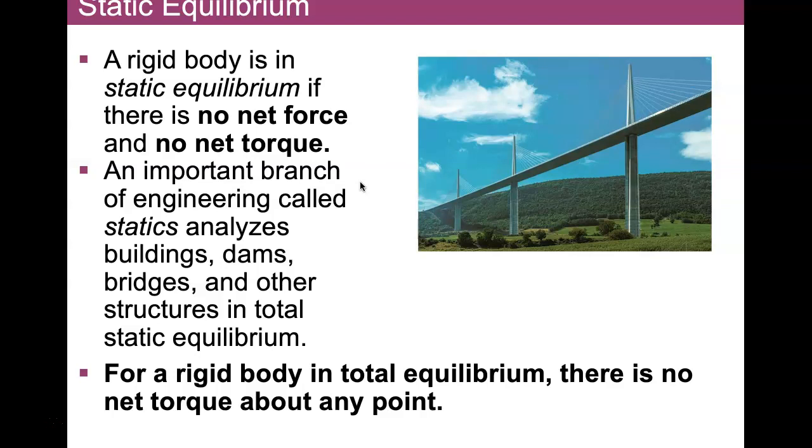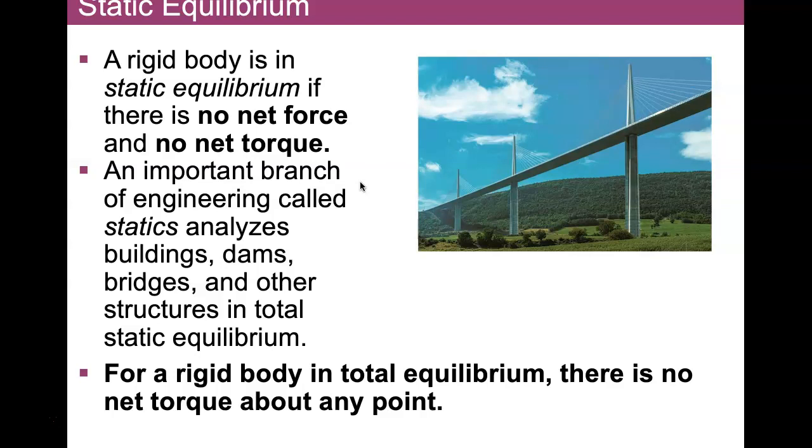It means the center of mass has zero acceleration. Remember, we argued that the net external force, the sum of all the forces acting on an object added as vectors, is equal to the total mass times the acceleration of the center of mass. So if the center of mass is not moving, then there should be no net force acting on the object.